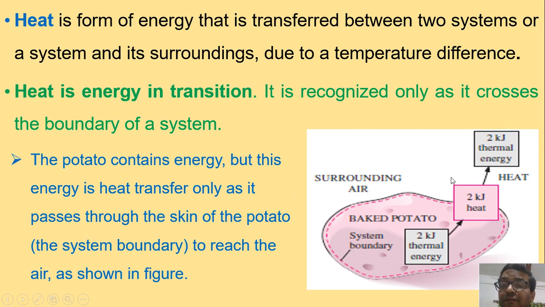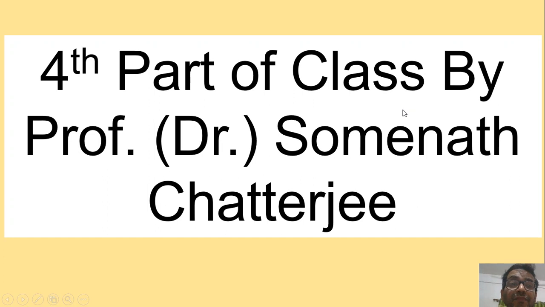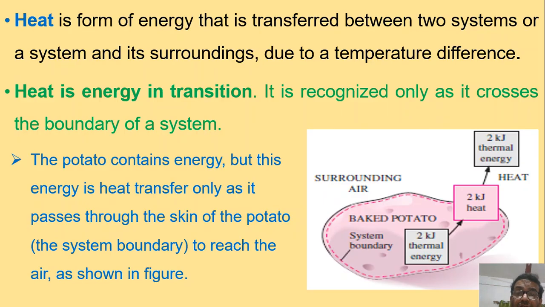This is the thermal energy, so this is a good example of the same. Now we are concluding here, and in the fourth part we will discuss the next things, and I will summarize before coming to the next one. Okay.